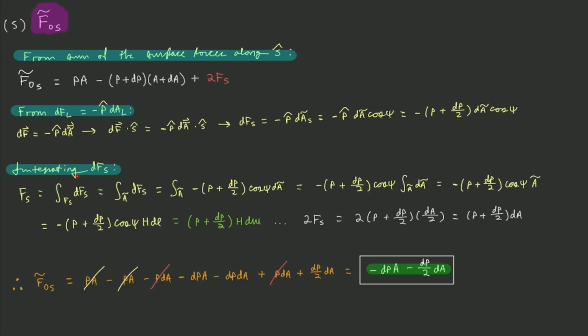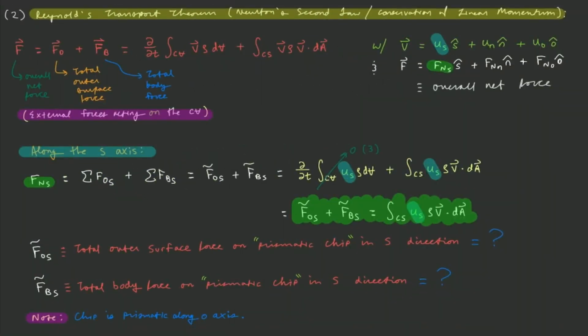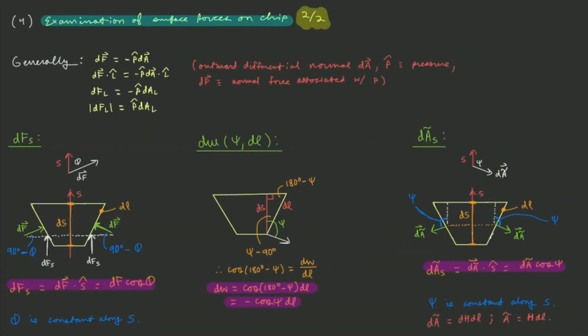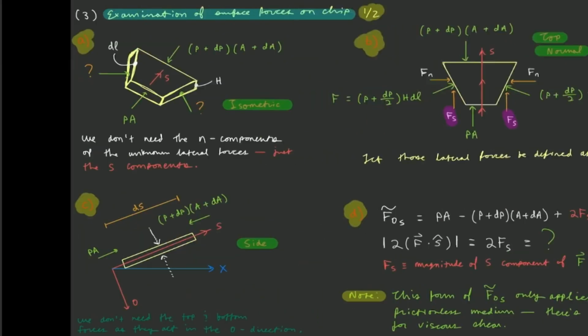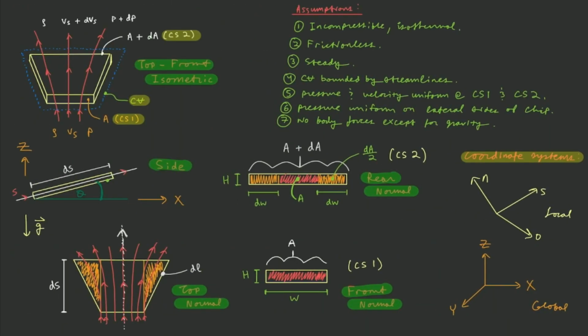So Fs is equal to the integral of dFS over Fs, definitionally. It's also equal to the integral of dFS over A tilde, which is that lateral area. Where is our lateral area here? Our lateral area is this lateral area right here, H dL. If we go back to our original diagram, we can cross-reference that.